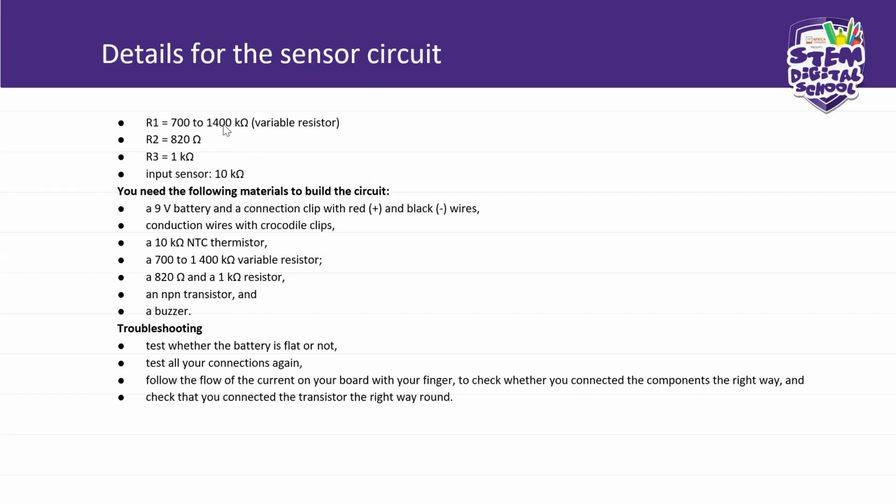Grade 9, it's an error, this one, okay? It's an error. It should be 700 ohms to 1.4 kilo ohm, or 1,400 ohms. We know that 1,400 ohms is 1.4 kilo ohm. Okay, that's the variable resistor.